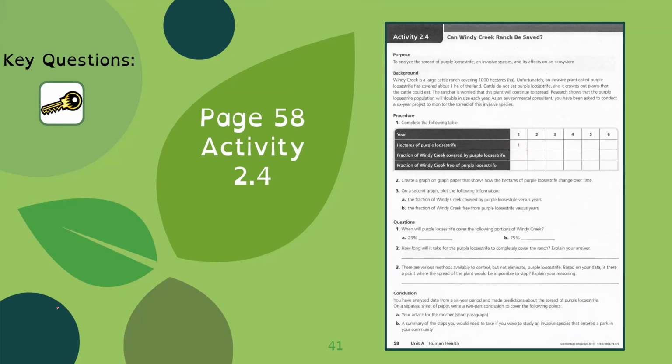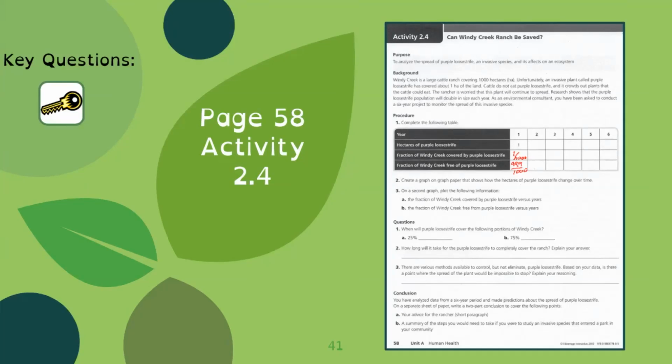So 1 out of how much of the whole is covered? So 1 hectare out of 1,000 is covered in purple loosestrife. So how much is free? So it's going to be the inverse. So 999 out of 1,000 doesn't have loosestrife.